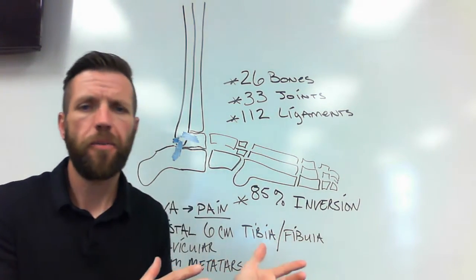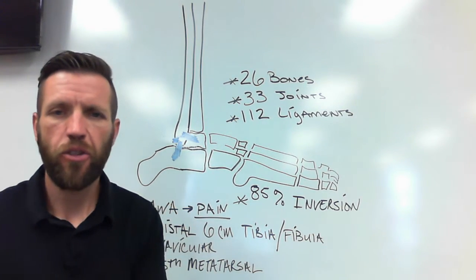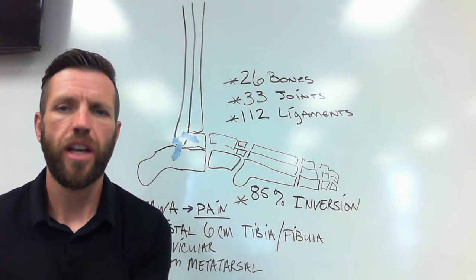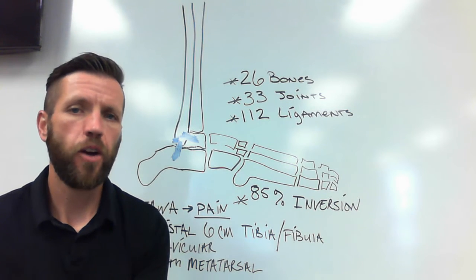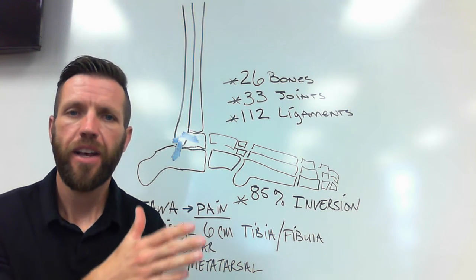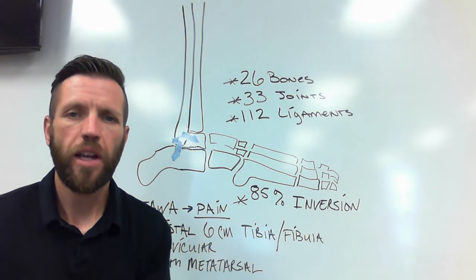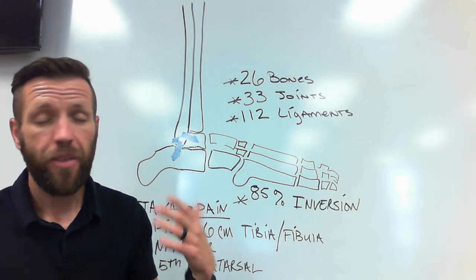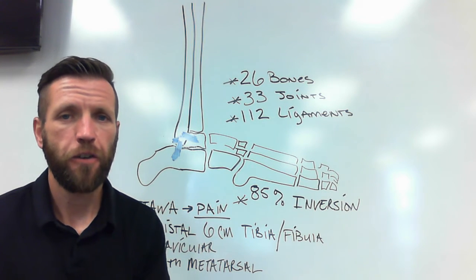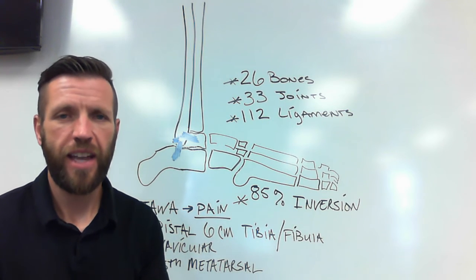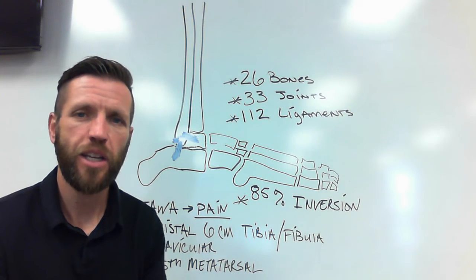Going from that, I see that there are 33 total joints and 112 ligaments. If I go back a few modules, I'm thinking about the one where I talk about what a sprain is. There's a whole lot of opportunity for injury just by some of this anatomy information that we've obtained just in this video.